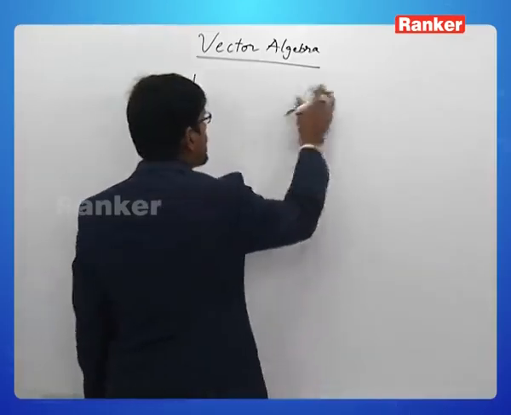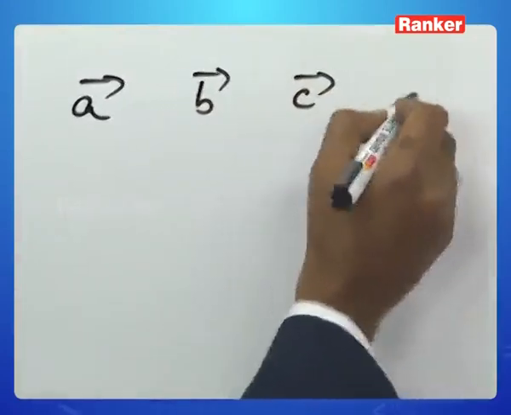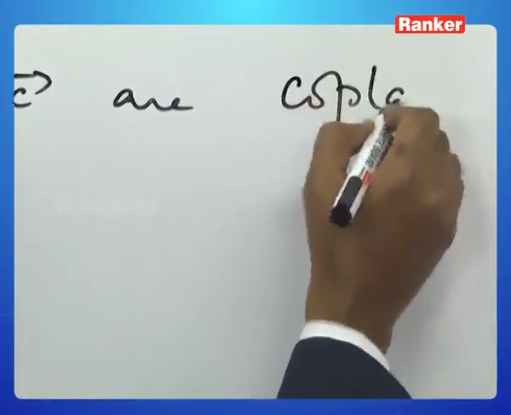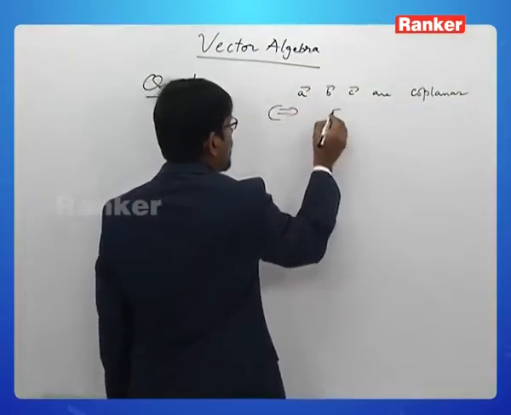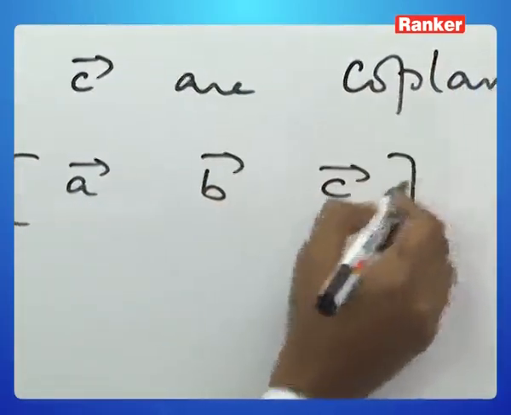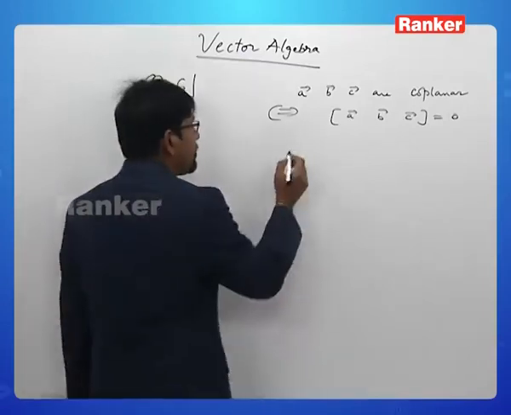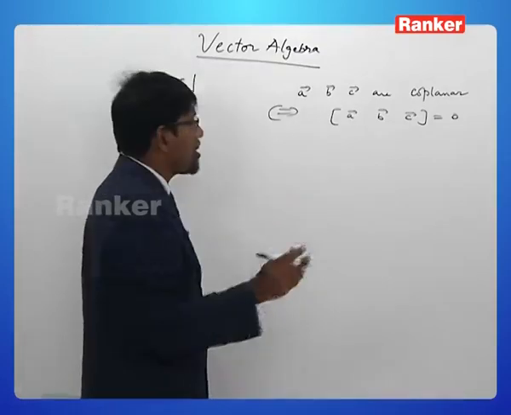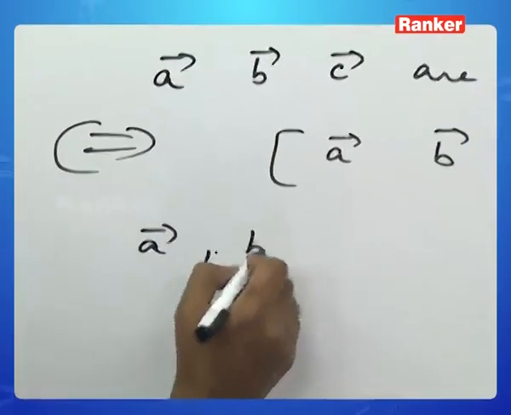Now three vectors a bar, b bar, c bar are coplanar if and only if the box product is 0. Here, now we are given the vectors. Let us treat this: a bar, b bar, c bar are non-coplanar.